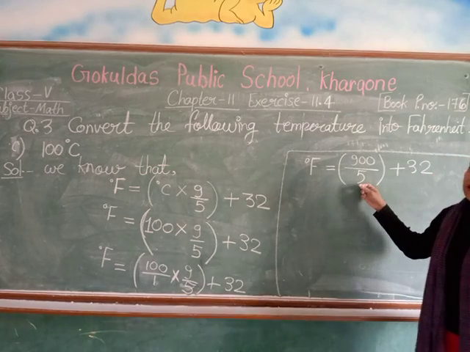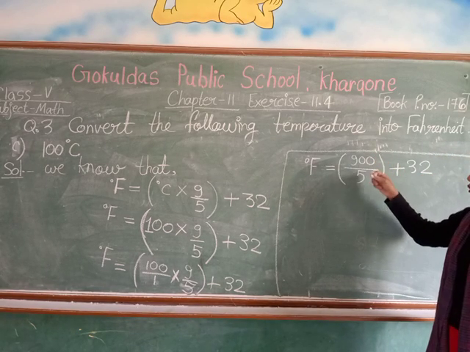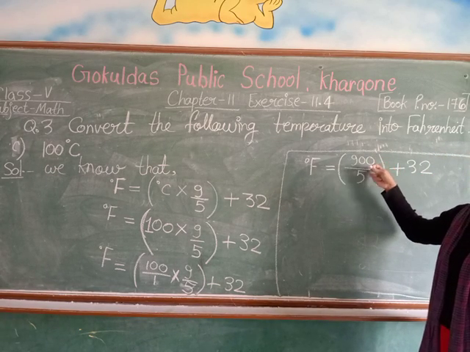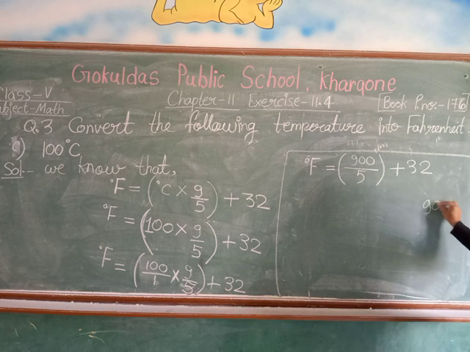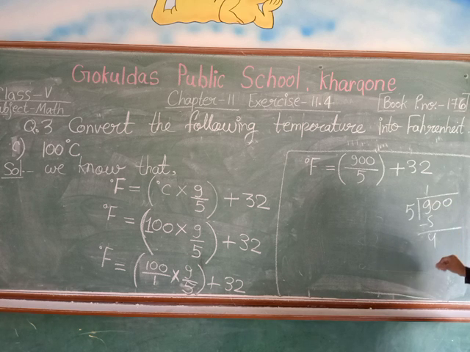Now what is this bracket saying? This bracket is saying 900 upon 5, which means 900 divided by 5. Solve this in rough work. Divide 900 by 5. 5 ones are 5. 9 minus 5 is 4. 4 is not divisible by 5, so we bring down 0 here. Now it becomes 40. 5 8s are 40.